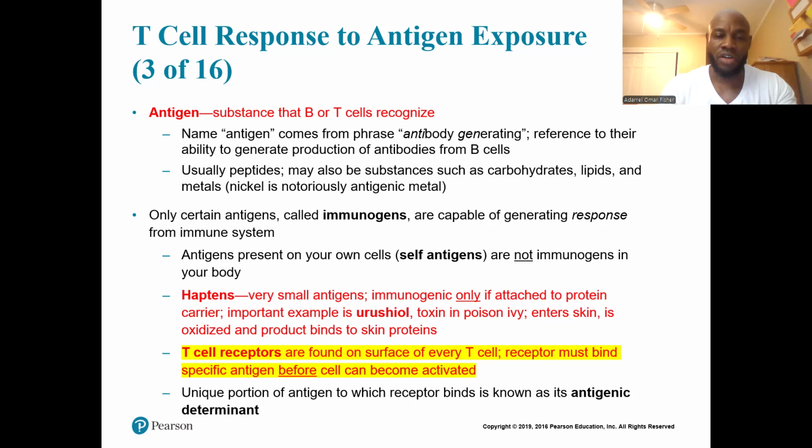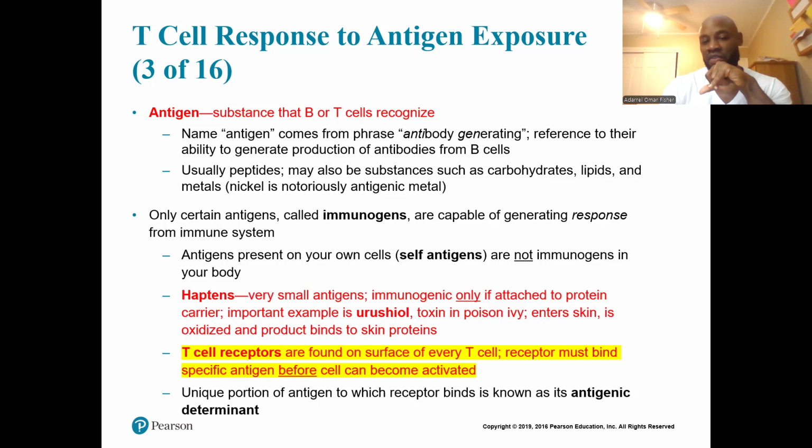Antigens present on your own cells are called self-antigens and are not immunogens. You have haptens, very small antigens, which are immunogenic only if attached to protein carriers.